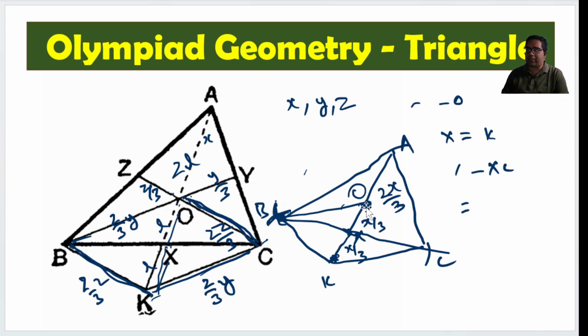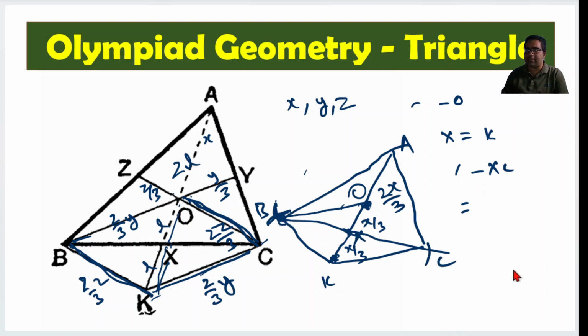At the same time, we are deciding what is the center. From this point K, the distance to B is 2 by 3 z, and from the centroid it is 2 by 3 y. That's how we have arrived at B. Similarly, C also we can arrive at in both ways.